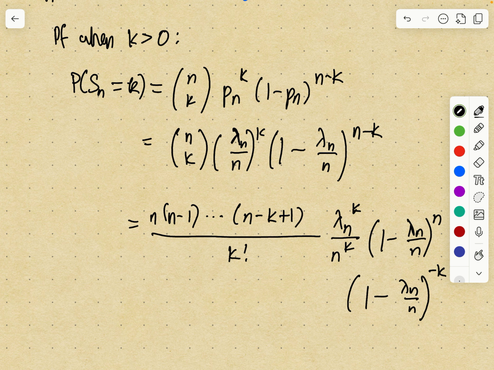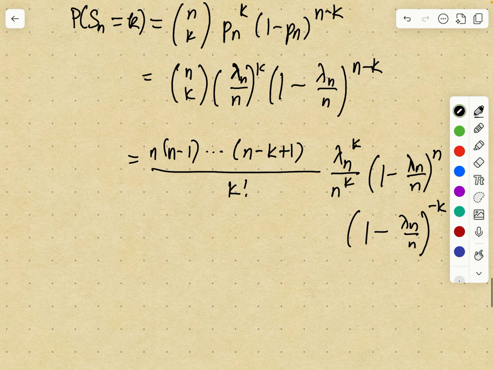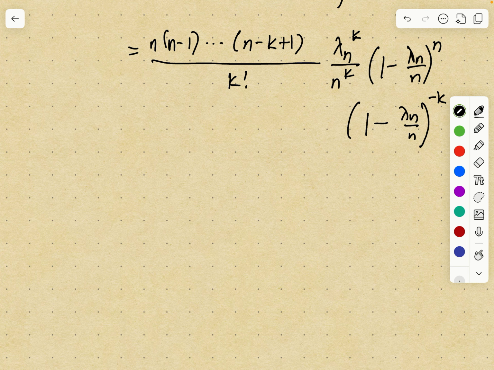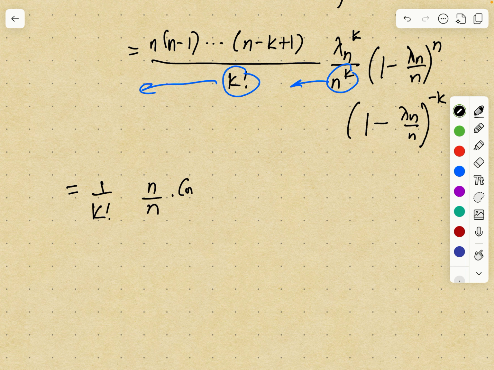Okay, and we need to find the limit as n goes to infinity. Well, I can actually rearrange this. The k factorial is not relevant, right? It doesn't depend on n. So we can just move the k factorial out, and then let's move the n to the k to be under the numerator there. So you're going to get 1 over k factorial times n over n times n minus 1 over n times dot dot dot n minus k plus 1 over n.